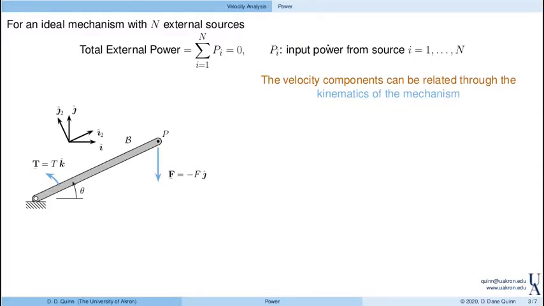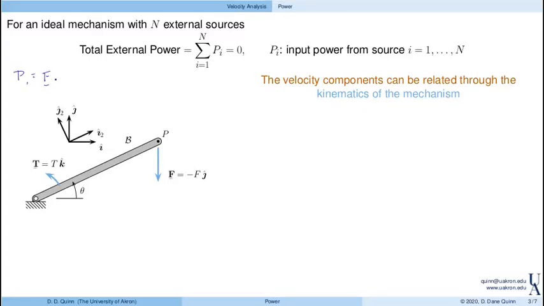So if you look at the power from, say, this force, and then you look at the power from this torque in this example here, then they have to vanish. In particular, in this example, I've assumed some directions for the force and the moment. The power due to the force, let's call that P1.